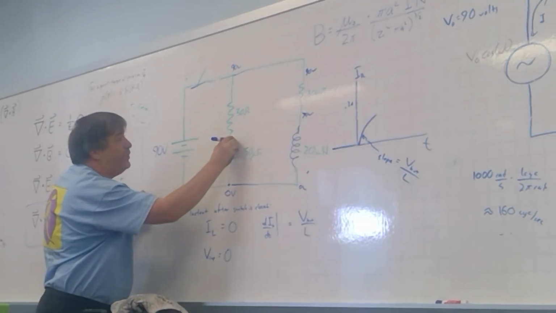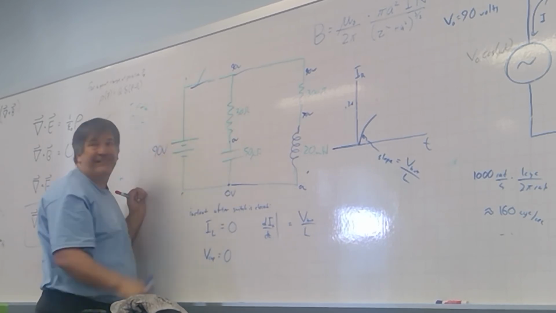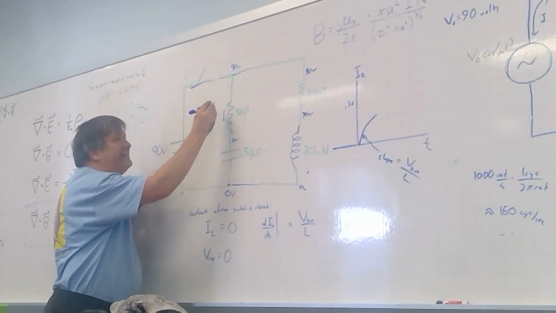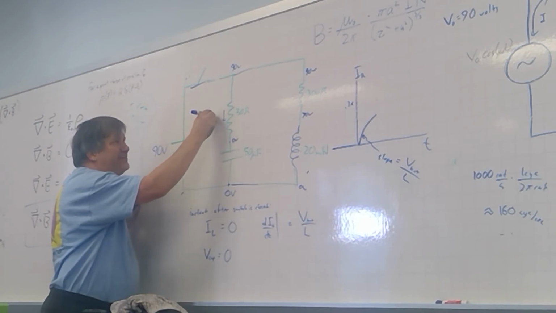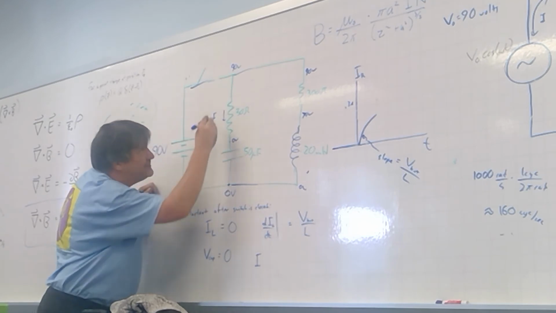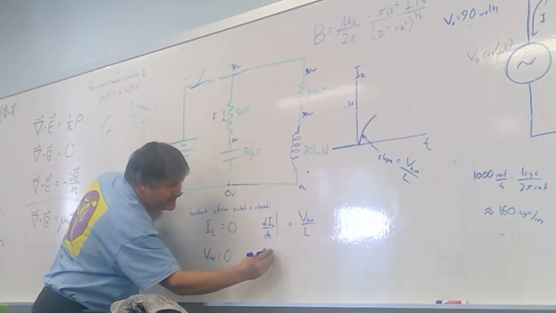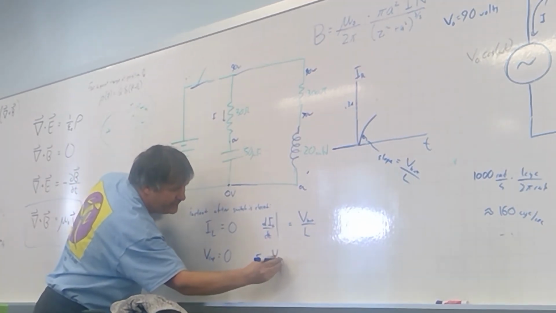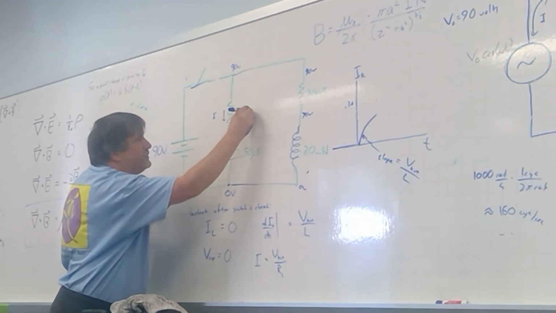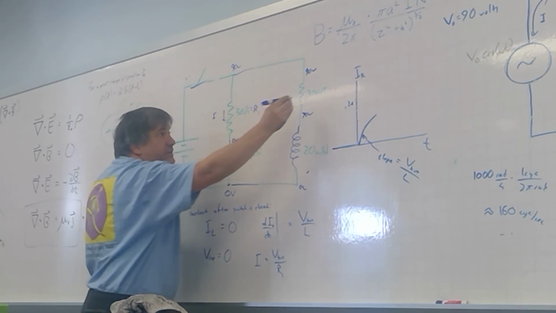So what is the voltage drop across the resistor? A full 90 volts. What's the current through the resistor? 3 amps. So the current through the resistor is V source, the battery, over R1. So this one R1, this one R2.